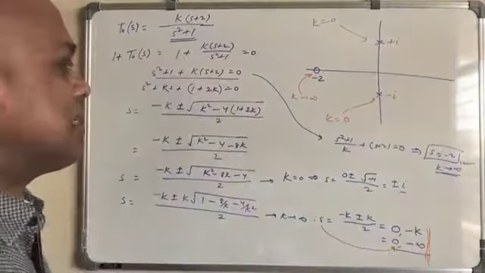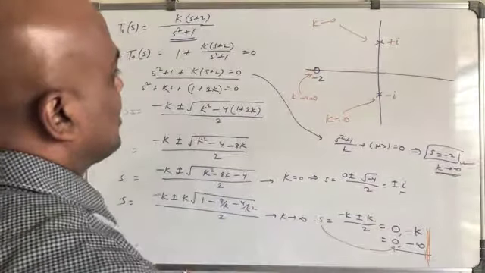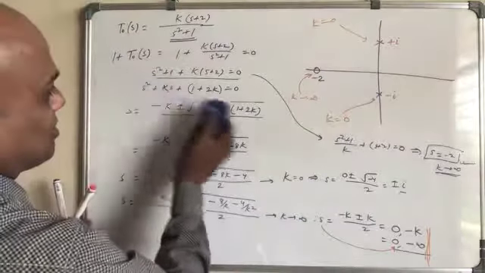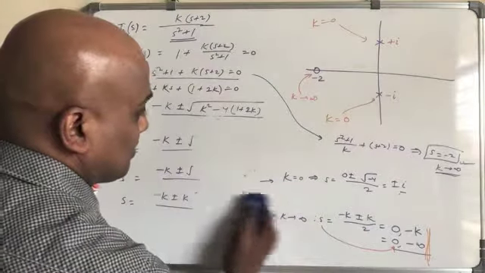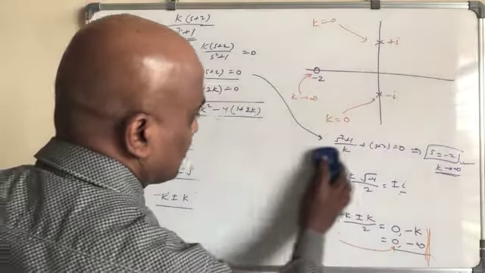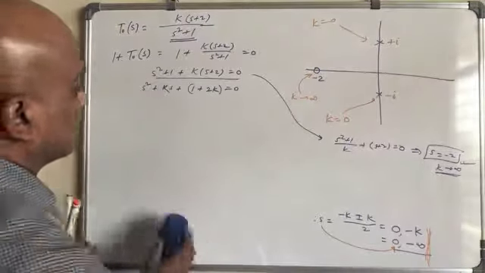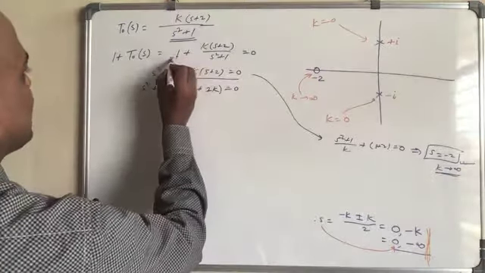Let's check, for example, whether s equal to 0 is on the root locus or not. And how are we going to do it? So we have this equation, right? This is the characteristic equation.